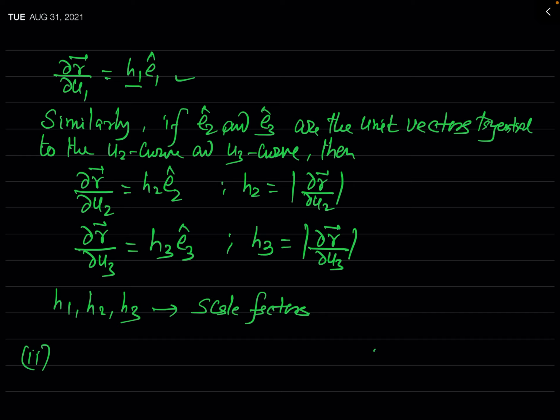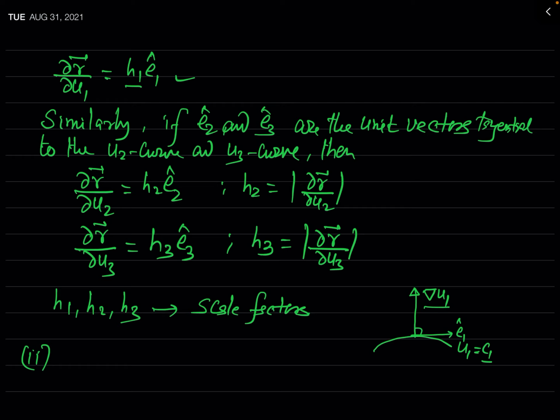As you know, if there is a surface, let us say this surface is u1 equal to c1, where c1 is a constant, then you have seen in vector calculus that the gradient of u1, that is del u1, is normal to this surface. If you draw a tangent here, and you know this tangent is along the direction of e1 hat, then according to the geometrical meaning of the gradient of a scalar function, the gradient of u1 will be normal to this surface.